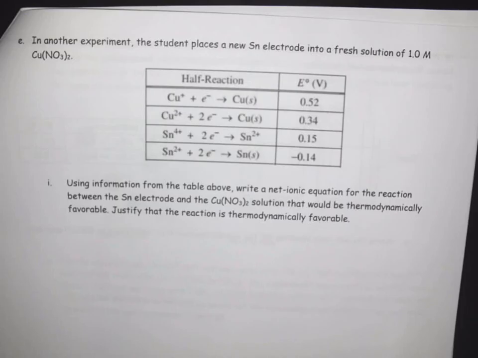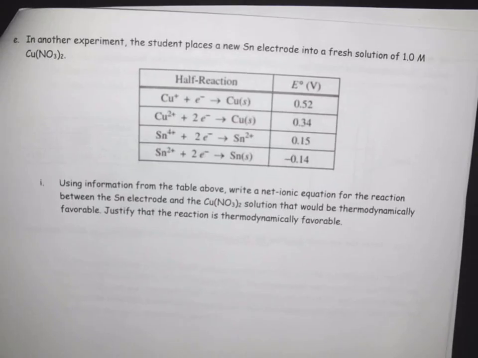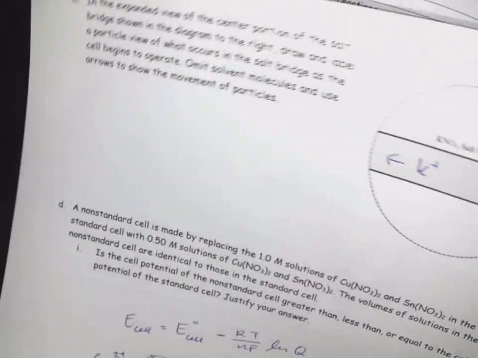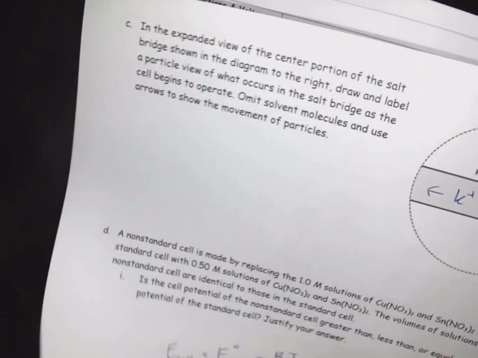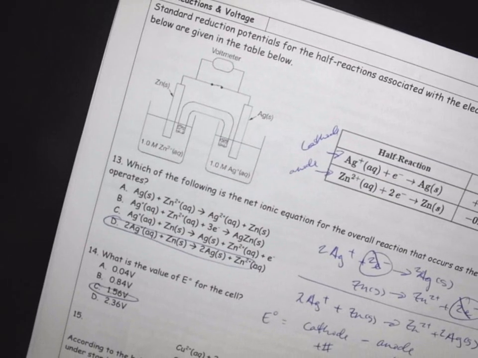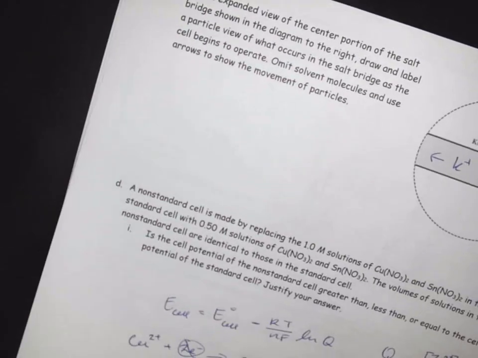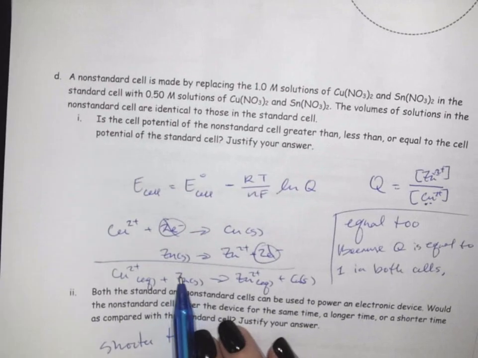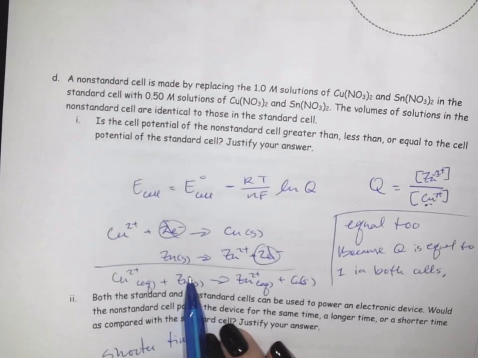Using the information from the table above, write a net ionic equation for a reaction between the Sn electrode and the copper nitrate solution that would be thermodynamically favorable. Okay, so, reminder that we saw, oh, that's so funny that I wrote zinc instead of Sn, sorry, Sn instead of Zn.